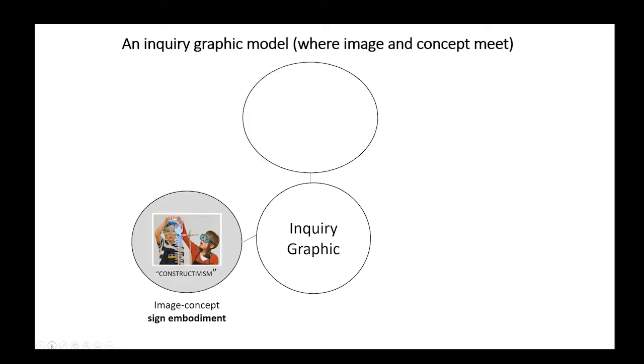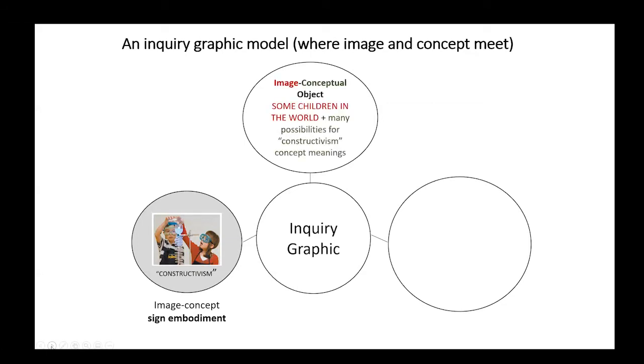The next step would be linked to what this concept or image refers to. So the image is some children in the world, so it refers to some existing children, and the concept is basically many possibilities for constructivism concept meanings.